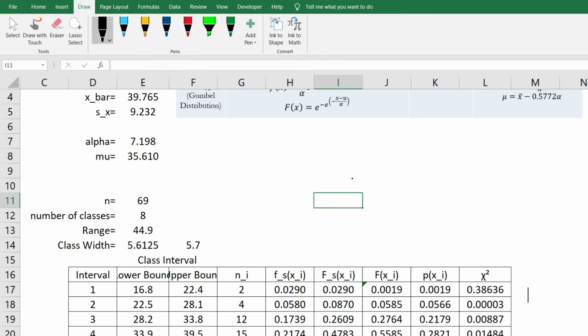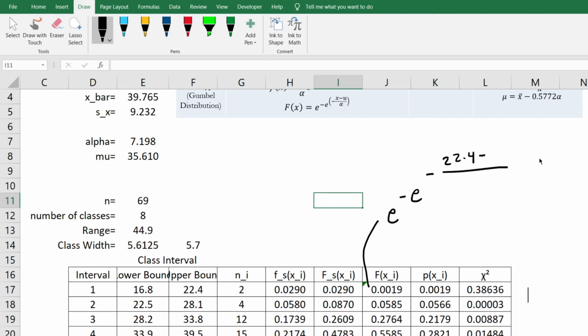Okay, so, example lang nito, for the first one, ito. So, we have e raised to negative e raised to, tapos negative ulit. Ang x natin is yung upper bound, that's 22.4 minus itong mu.